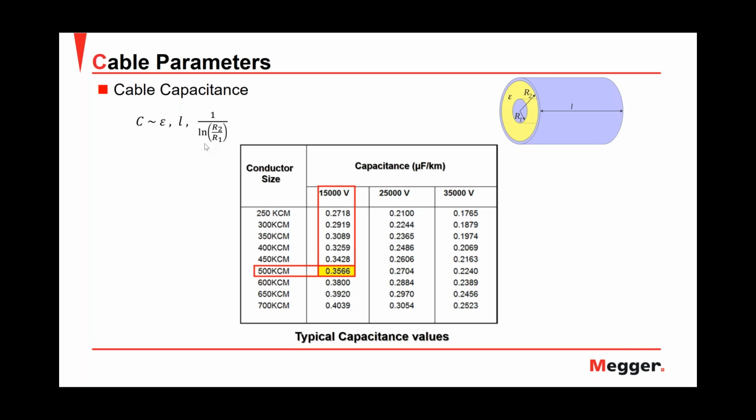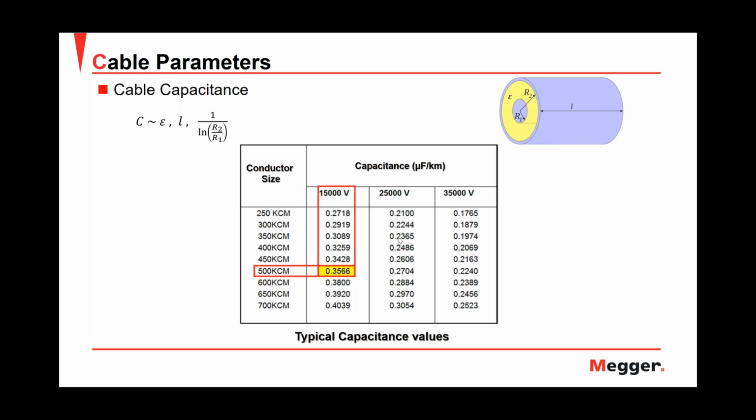And finally, I will have the ratio between the outer radius and the inner radius of the insulation. The three parameters that I mentioned are what drive the capacitance value of my cable, so it is important to be aware of that.